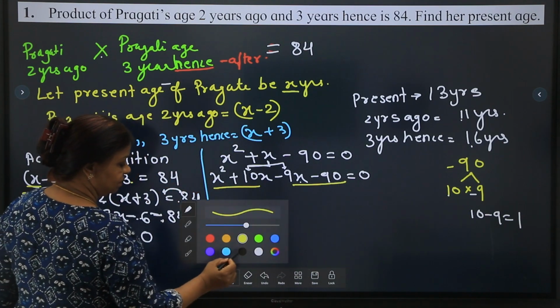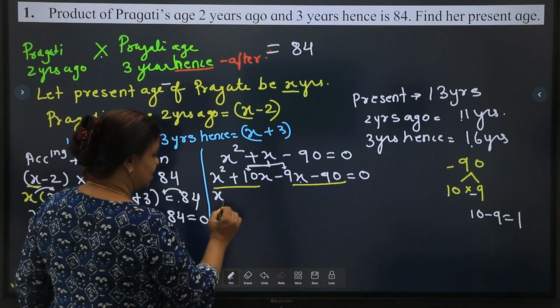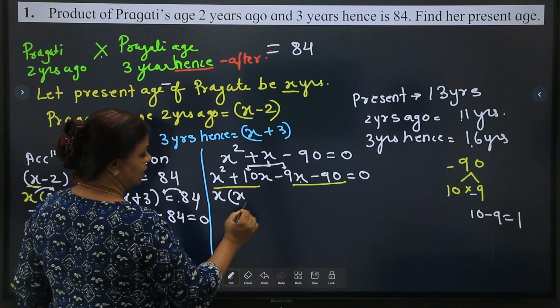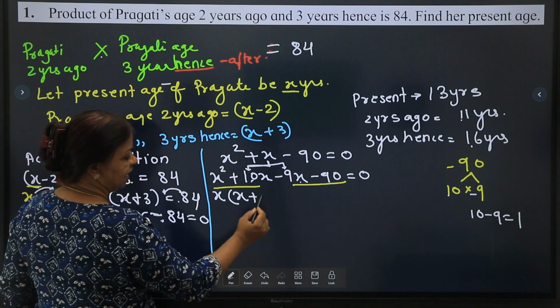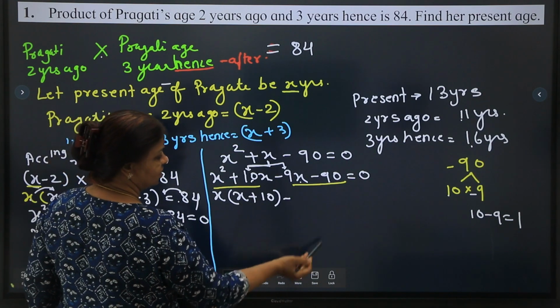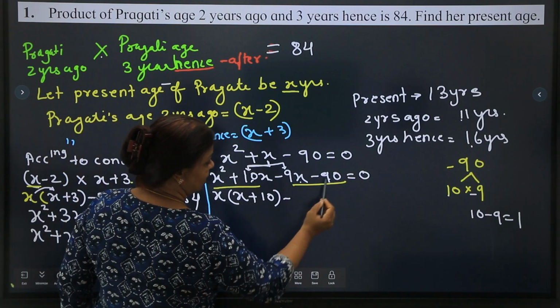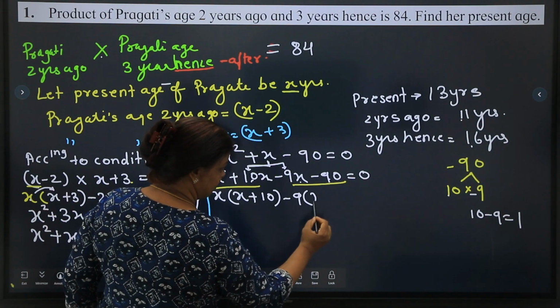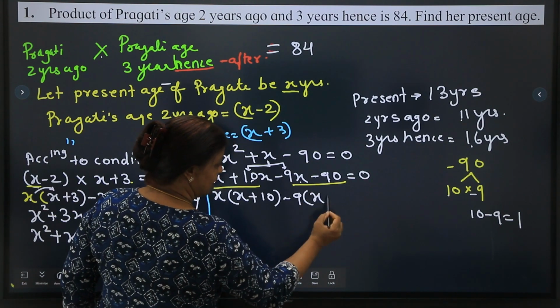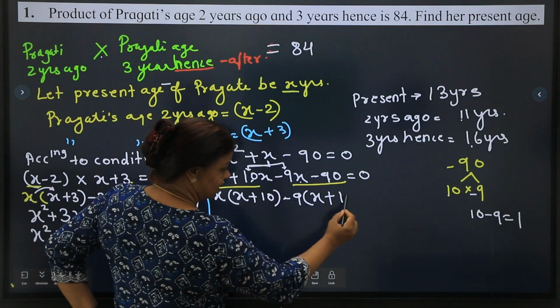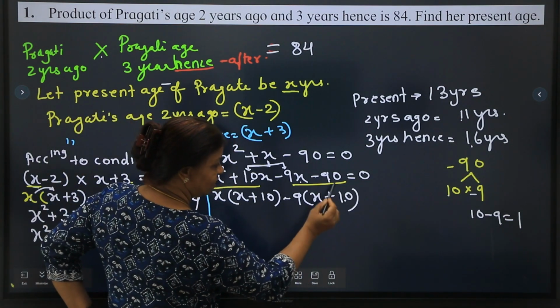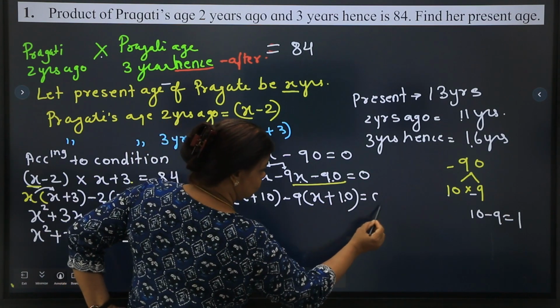In these 2 terms, x is out and 1x is in, plus 10x, x is out, so what remains? 10. Minus, here 9x is there and 90, 9 is out, x remains in, minus into minus will be plus. What term is here should be here? 9 tens are, 9 into 10 will give you 90, is equal to 0.